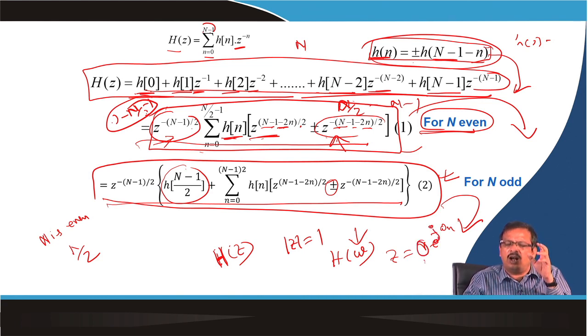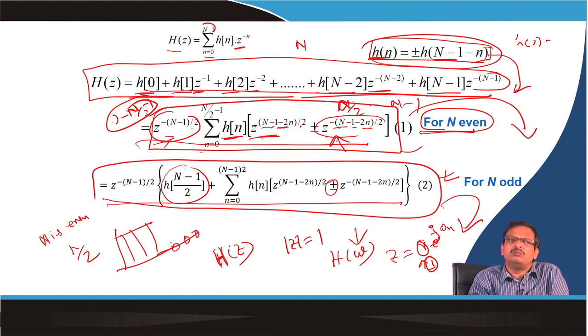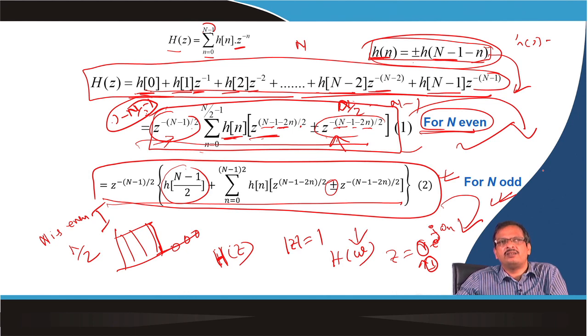So r is 1, that means amplitude is 1, all frequency components have unit amplitude, and then I get the frequency response H(omega), because I said that I want passband all 1 and stopband all 0. In all frequency components unit amplitude is 1, but phase will be there. So what the frequency response will be for n order even and odd will be derived in the next class. Okay, thank you.